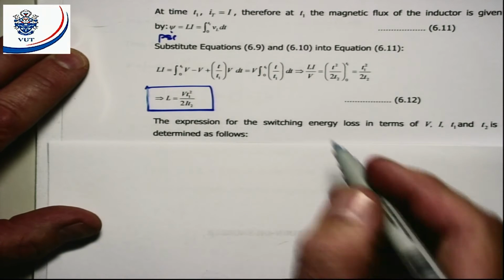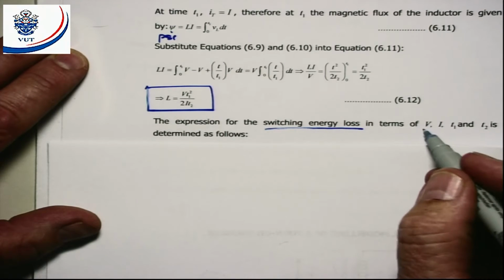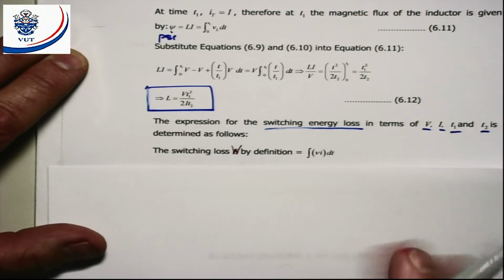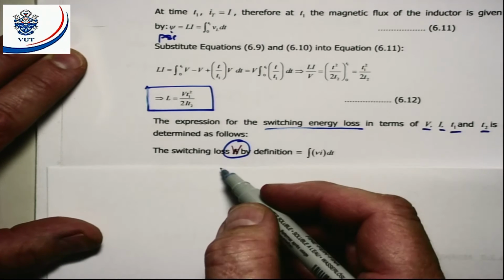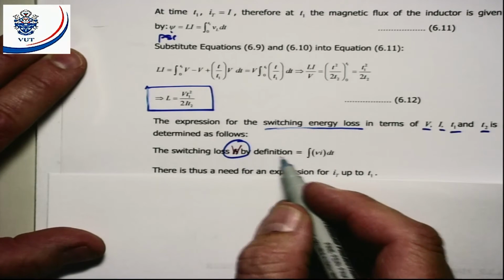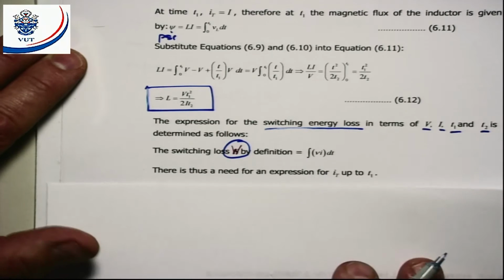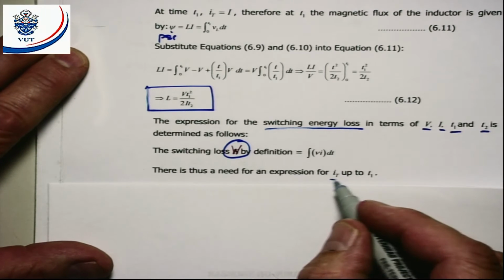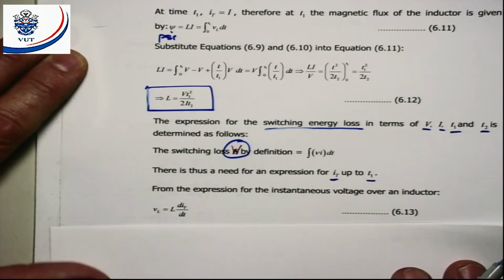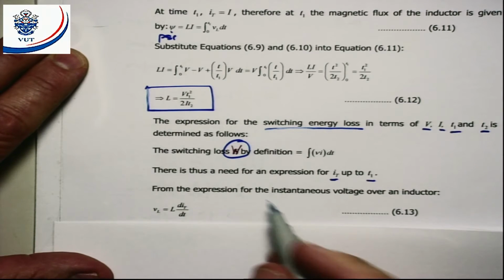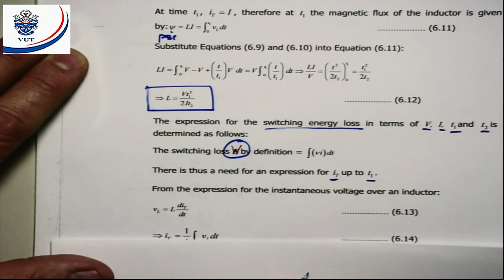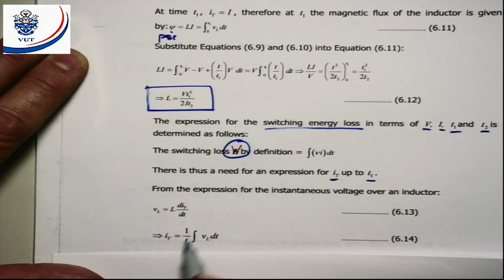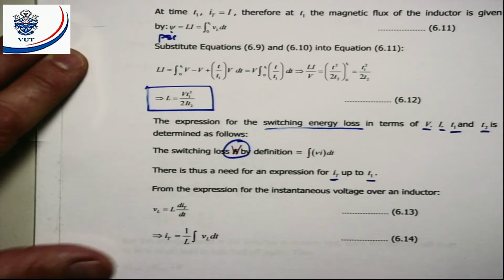Now we need an expression for the switching energy loss in terms of V, I, T1 and T2. Please change that E to a W in your book. The switching loss W by definition is equal to the integral of VI dt. We need an expression for It up to T1. From the expression for the instantaneous voltage of an inductor, V is equal to L di/dt, we get that It is equal to 1 over L times the integral of VL dt.